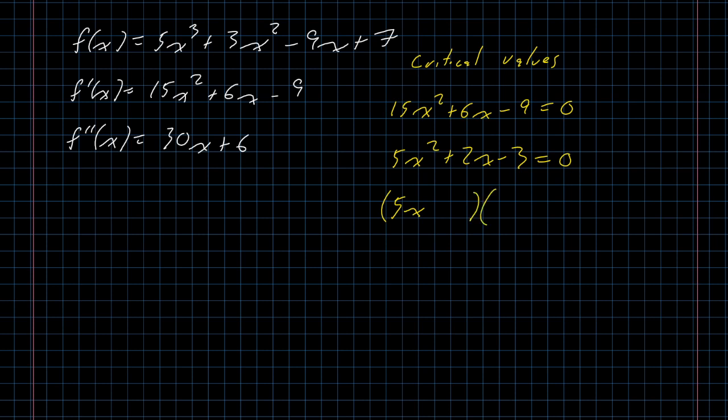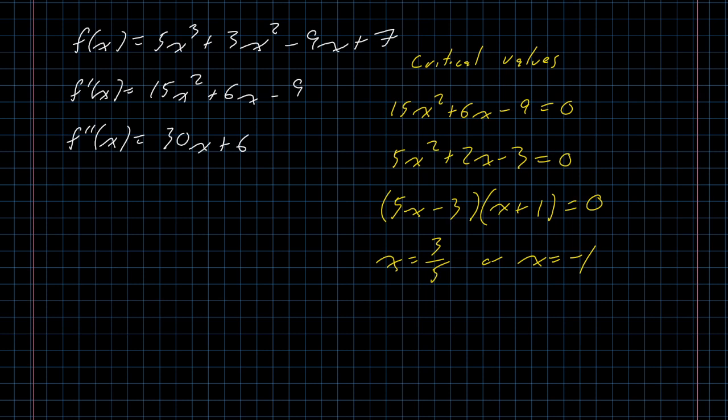It's also going to factor really nicely because the only way to factor 5x squared is as 5x times x. The only way to factor negative 3 is either 1 times 3 or 3 times 1. So just checking, if I put the minus 3 over here, that would make this plus 1. Our middle terms would be plus 5x minus 3x, which add to negative 2x. That works out perfectly. And solving from there, I get that x equals 3/5 and x equals negative 1 are our critical values.